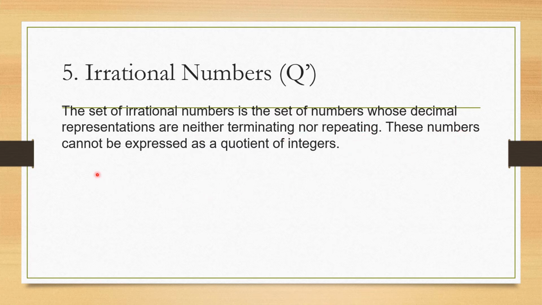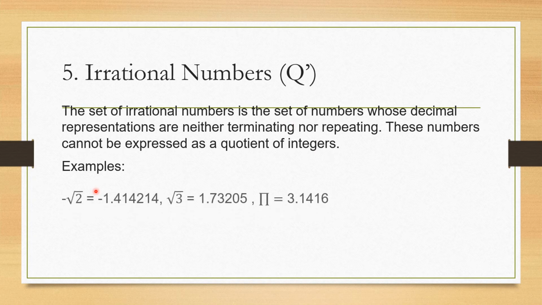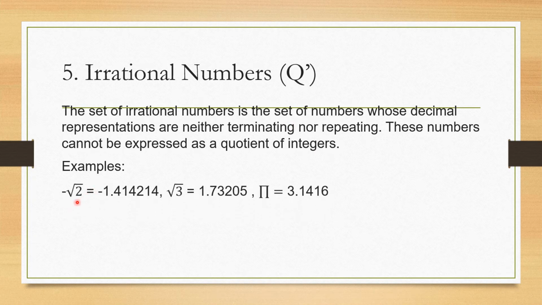These numbers cannot be expressed as a quotient of integers. Examples: negative square root of 2 is equal to negative 1.414214. Square root of 3 is equal to 1.73205. And pi is equal to 3.1416.